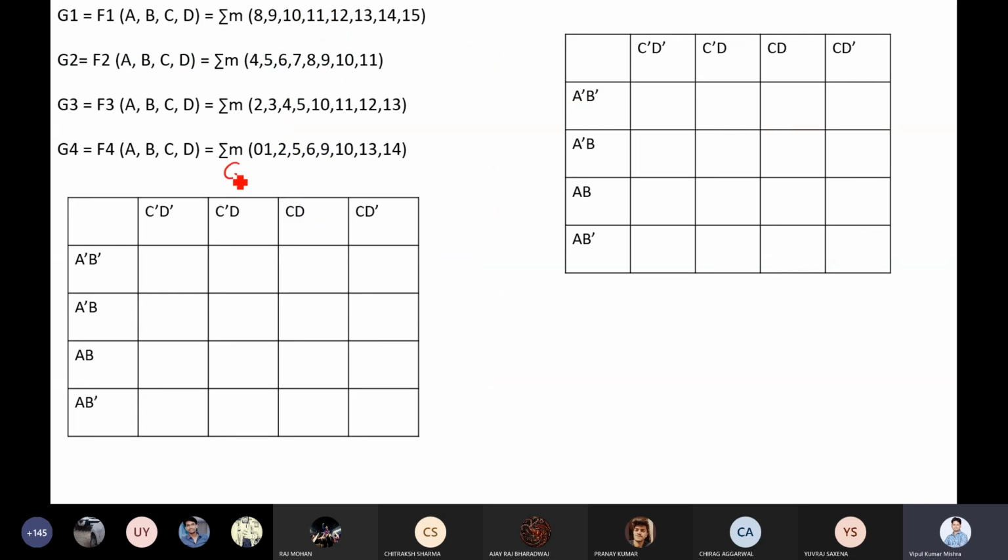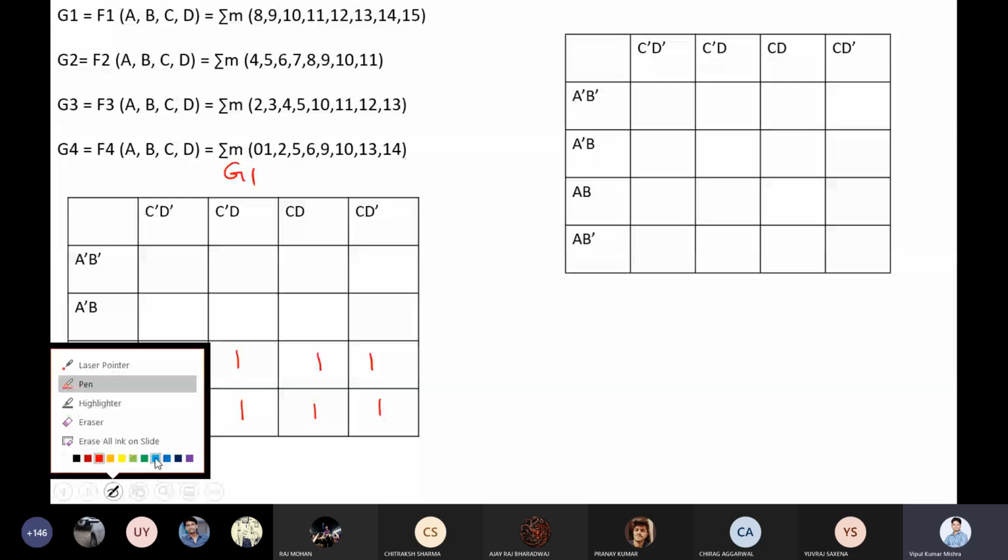So here you have to fill for G1. Where do we need to fill ones? 8, 9, 10, 11, and 12, 13, 14, and 15. So what can we do? We have an octet.